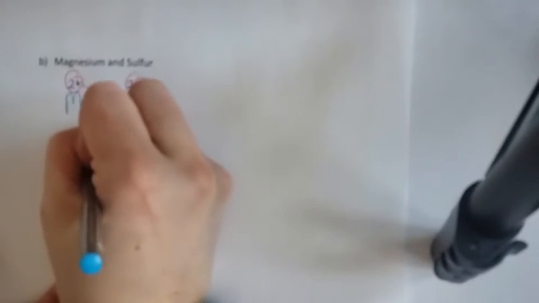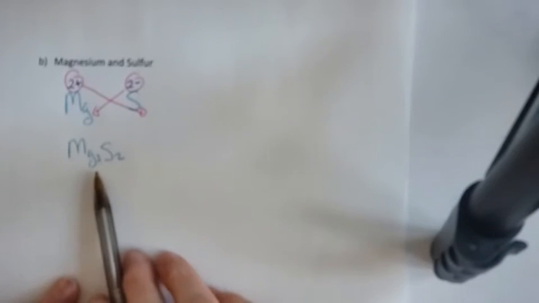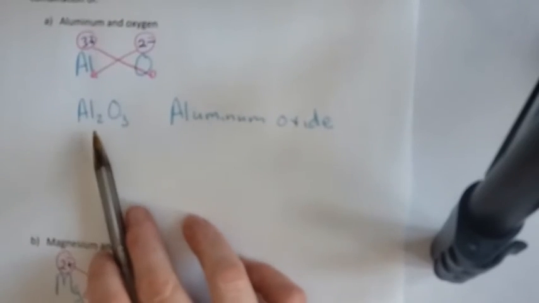So we have Mg2S2. Now, I noticed something, okay? They both have a 2. I can actually divide a 2 out of both of these. So it's kind of like fractions when you put it into lowest terms. Up here, nothing goes into a 2 and a 3 evenly.